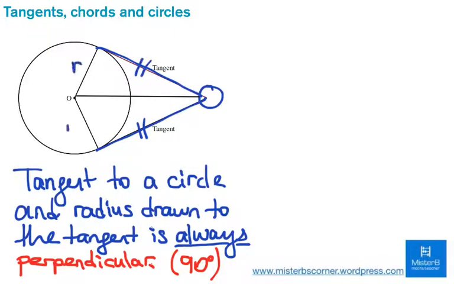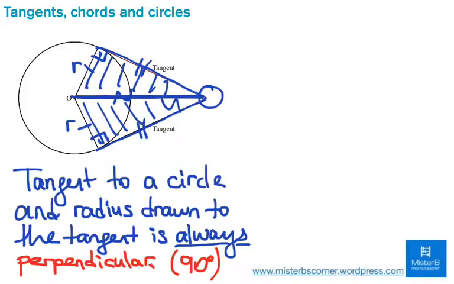We know that this is the radius, so these are the same, and this is the common hypotenuse, because these are right triangles, right? It's the same length in both triangles too. So you get two congruent right triangles here.